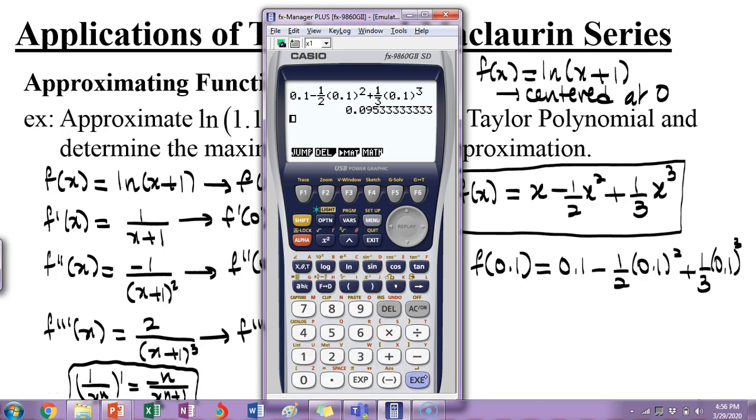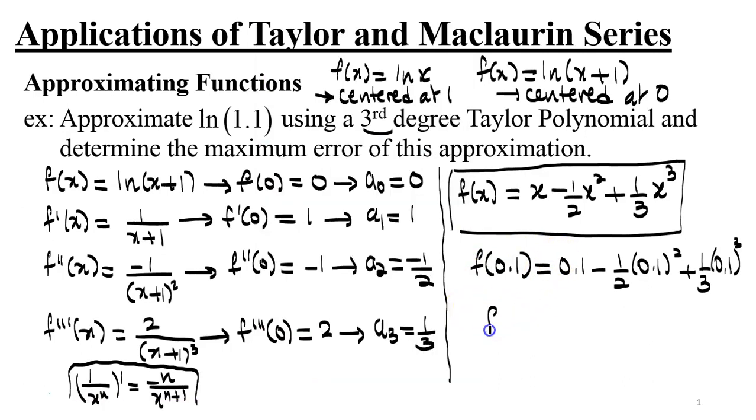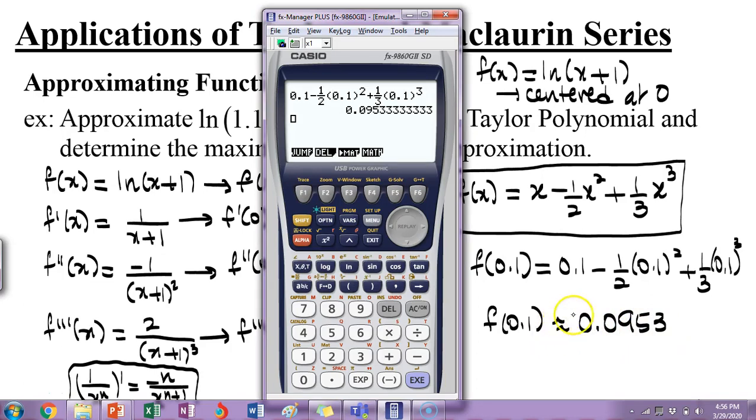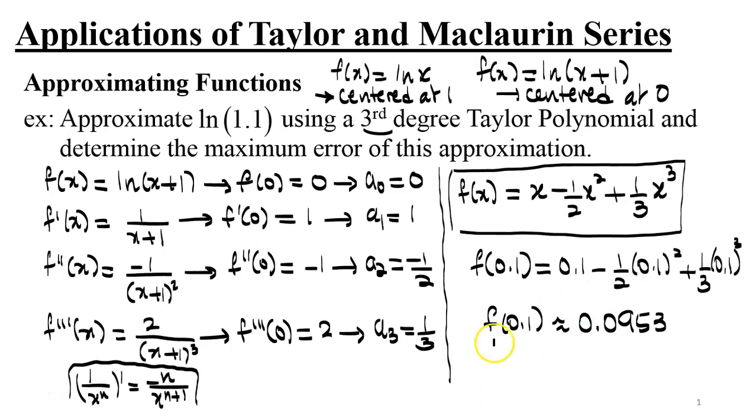Okay, so that would give me 0.0953. So over here, f of 0.1 would approximately be 0.0953. Let me just double check here. So this is to 3 significant figures. So this is an approximate value of ln of 1.1 to 3 significant figures using the third degree Taylor polynomial.